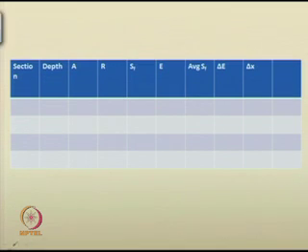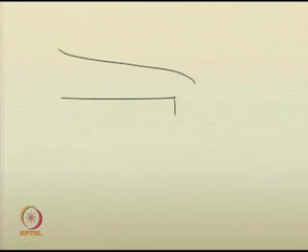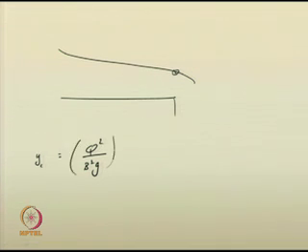Now, for the same discharge at the brink, the depth will be the critical depth. The critical depth you can easily compute for the rectangular channel as (Q squared by b squared g) to the power of 1 by 3.